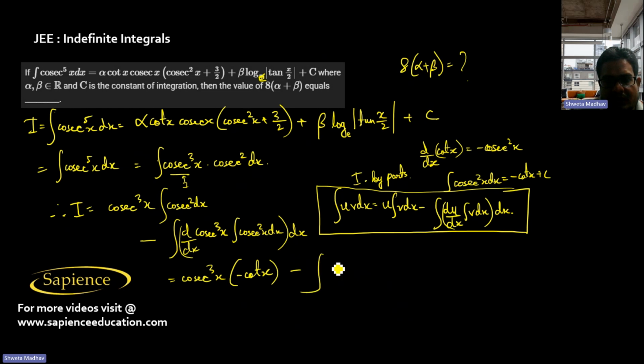So that is 3 cosec square x into d by dx of cosec x. So d by dx of cosec x is minus cosec x cot x, into integral cosec square x, that is minus cot x, whole integral now dx.